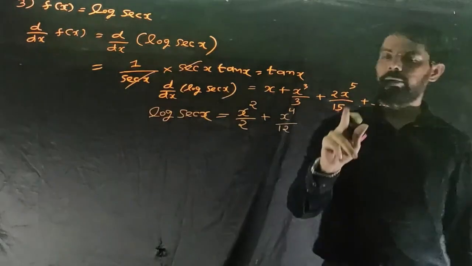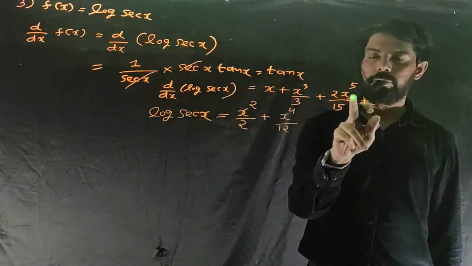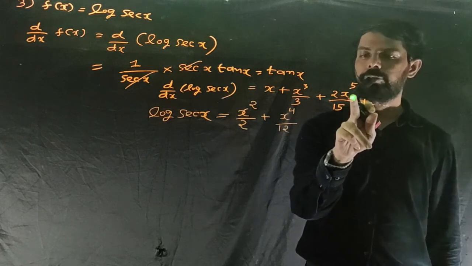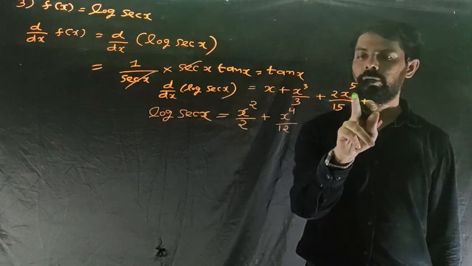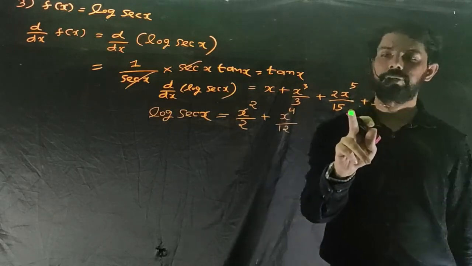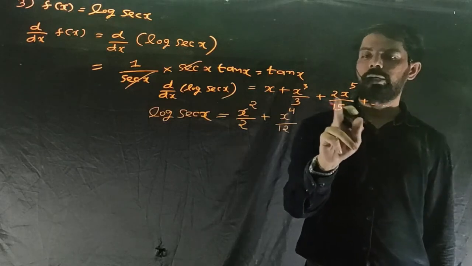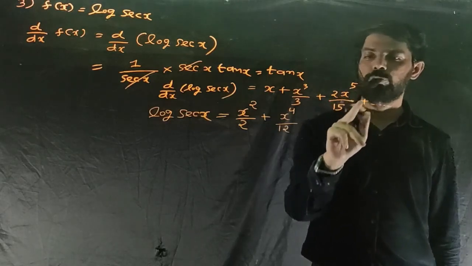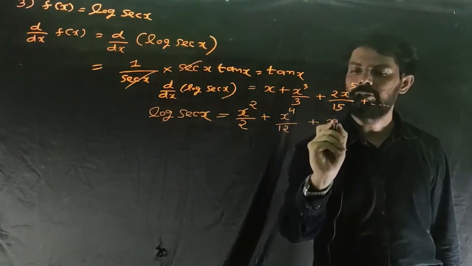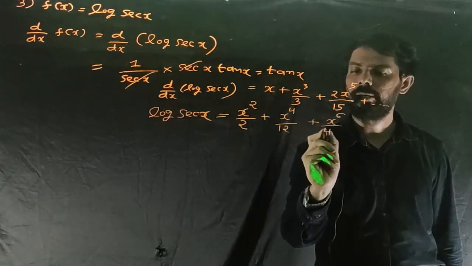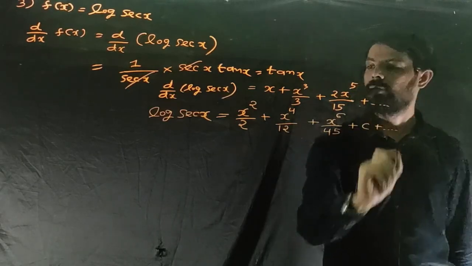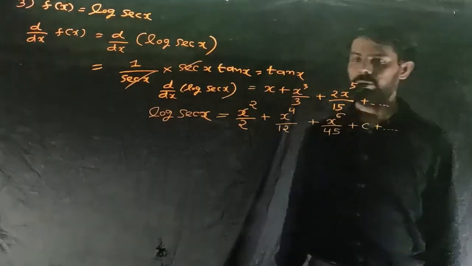Now integration of x raised to 5, using the same formula, will be x raised to 6 divided by 6. If we simplify, here 2x raised to 6 divided by 90 can be written as x raised to 6 divided by 45, plus c, plus so on.